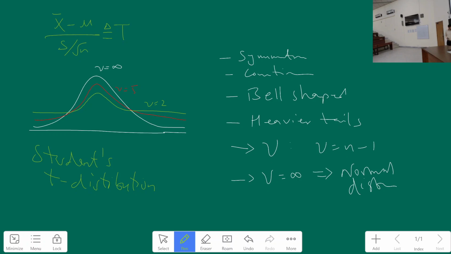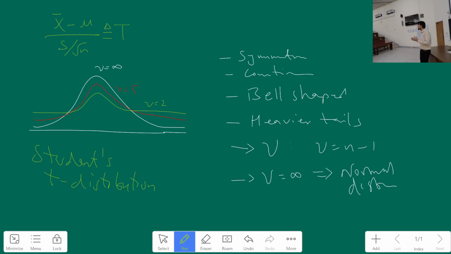Now the other name, Student's t distribution, is the full name of it. Why Student's? There is a very interesting history. I tell you that, and then we end the lecture. The guy who came up with this distribution for the first time was working at a company that did not allow publishing their work. So what he did was he published a paper, and the author name he sent was Student.